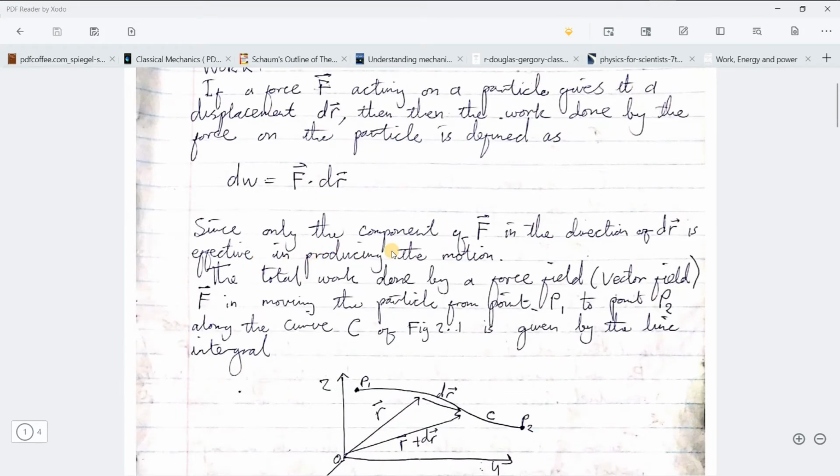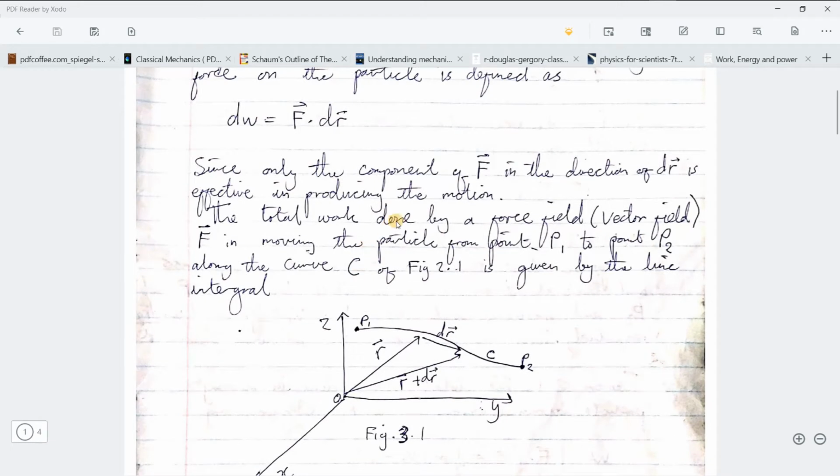Since only the component of F in the direction of dr is effective in producing motion, we're saying that the component of the force F in the direction of dr is effective in producing the motion.